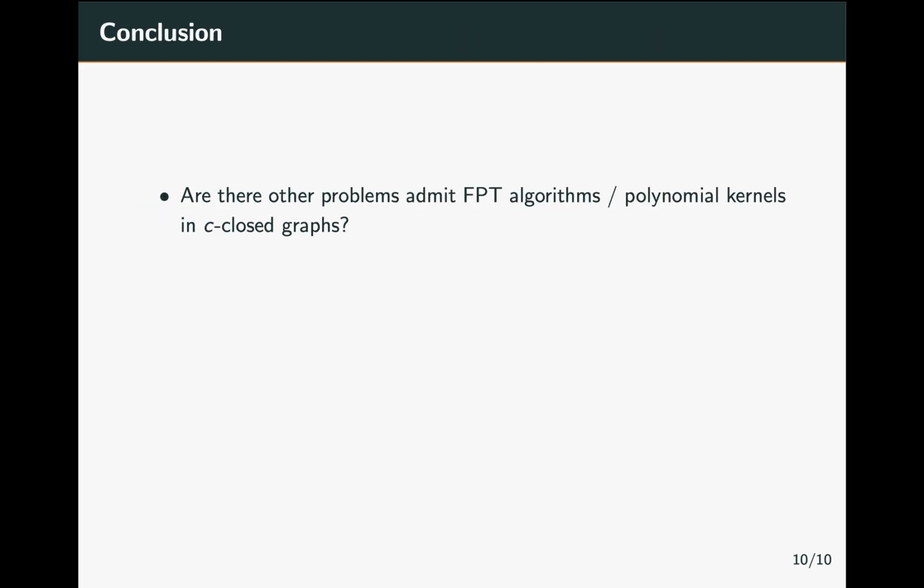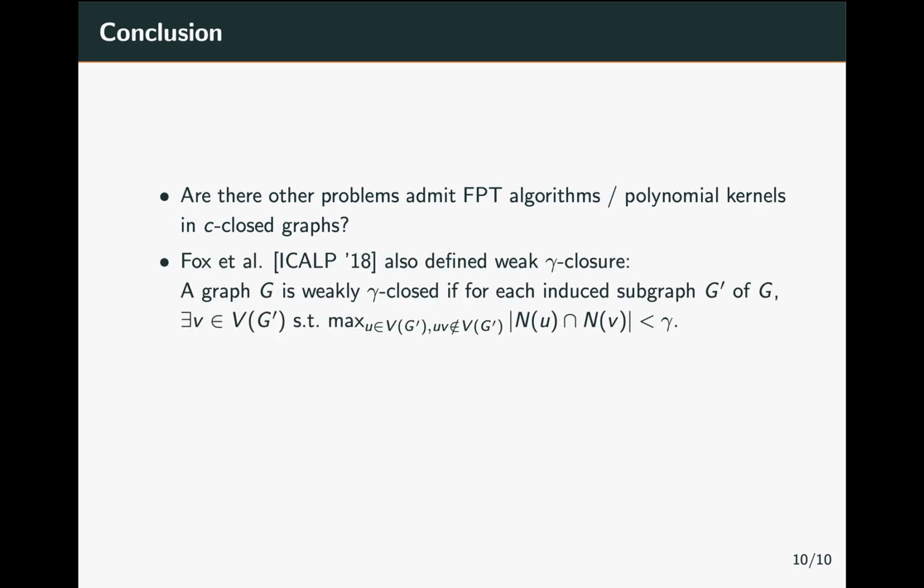In my talk, we've seen some FPT algorithm or kernelization algorithm for c-closed graphs, but since c-closure is a new parameter, there could be other problems that admit FPT algorithms in c-closed graphs. Another interesting direction would be to consider the weak gamma closure. Weak gamma closure is defined like a degeneracy, where we want to ensure that each induced subgraph must satisfy the c-closure property.